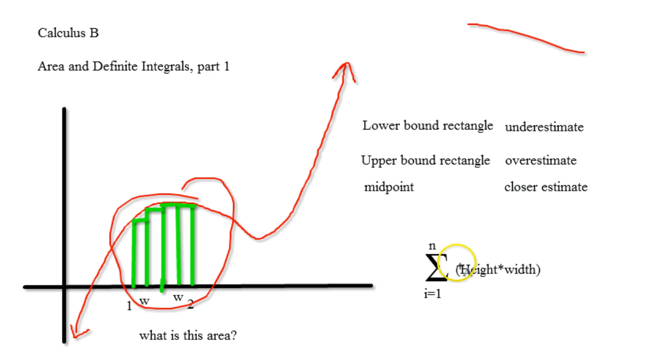Now, if we thought about it in terms of a sum or a finite series, we would write it with the sigma notation, with i equals 1 to n. We would start at the first rectangle and work up to the nth rectangle, and we would find the height and width of each rectangle and just add them up and work with them. It's really kind of cool how that works.